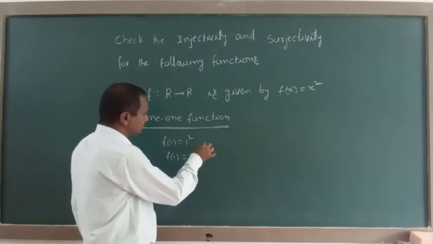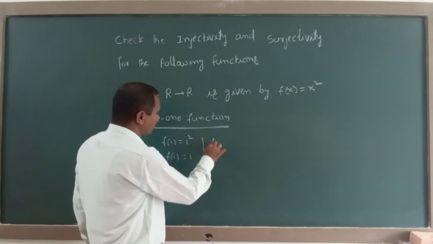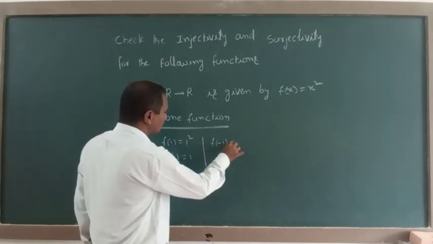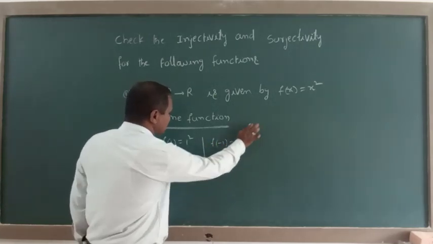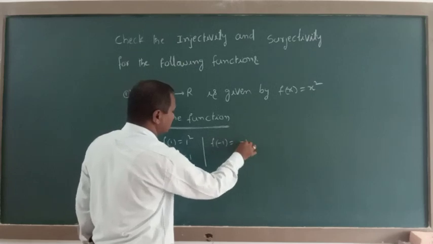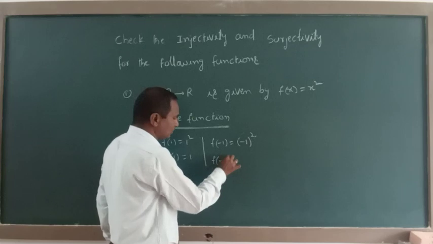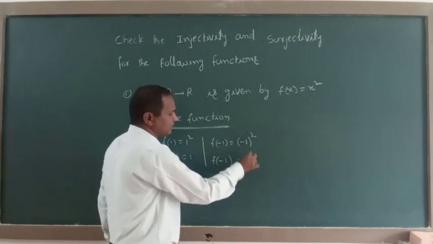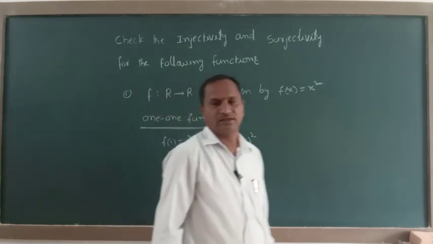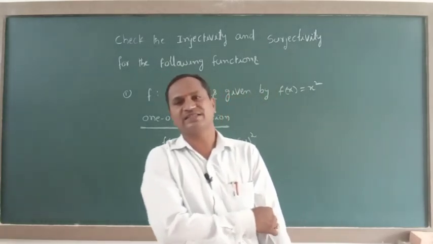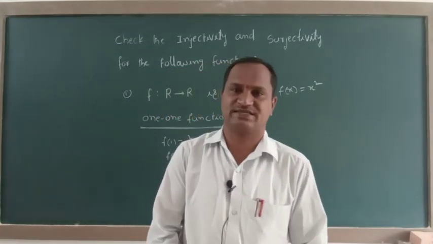On this side, f of minus 1 is equal to minus 1 whole square, which is equal to 1. But here the elements 1 and minus 1 have the same image.